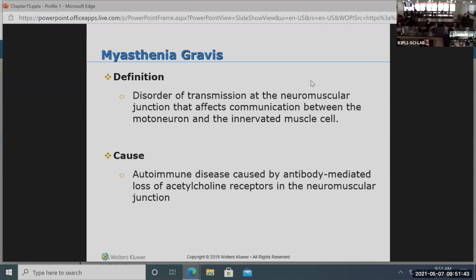So where is acetylcholine going to go? Acetylcholine has no place to sit, so the muscle cannot contract. Even though acetylcholine is released, the receptors are already occupied and destroyed by those antibodies. Is it clear? Okay, that is myasthenia gravis.